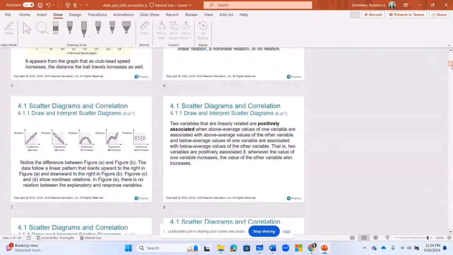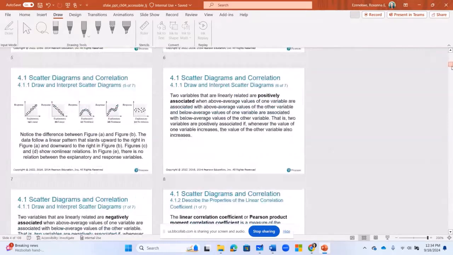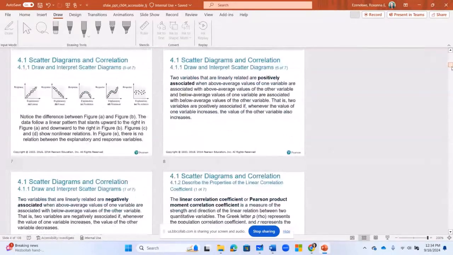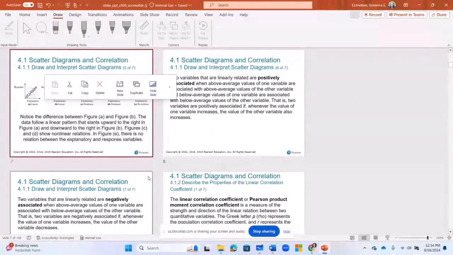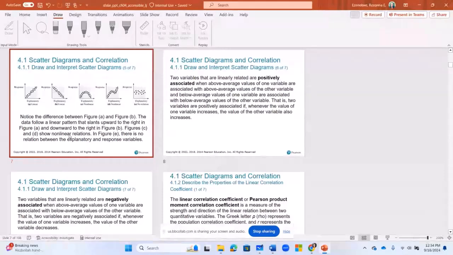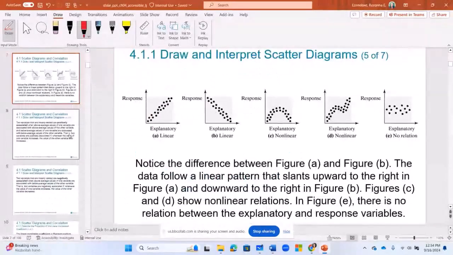If a scatter diagram looks like the one we have here, let's call this one number 1, where the response variable, the y-axis, is here, and the x-axis is here. We would say it is linear. Why? Because all the points are going in the same direction.